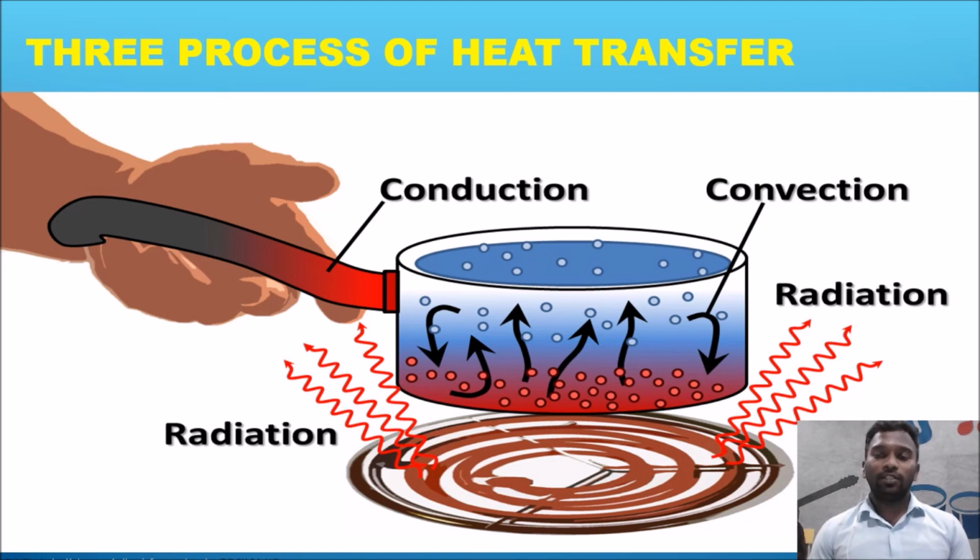Especially in solids, conduction takes place. In fluids like water and gases, convection takes place. If there is no medium between two objects, the radiation process takes place. So this is about the processes of heat transfer.